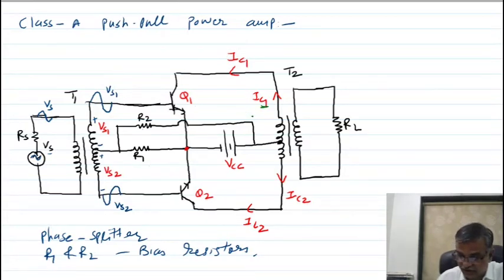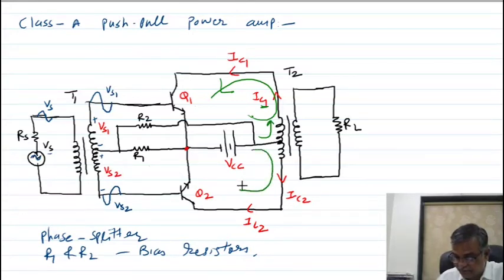So for this half, the collector current will flow like this, going from here to here. And for this half, the collector current will flow in this way. This is IC2. So through this winding, it is going in this direction.